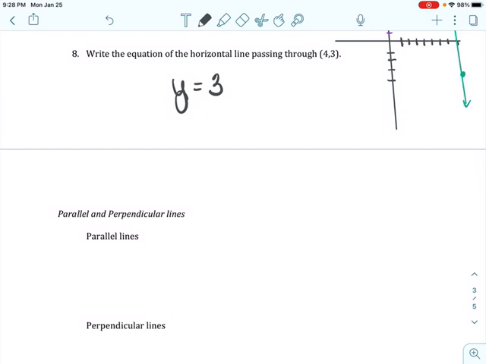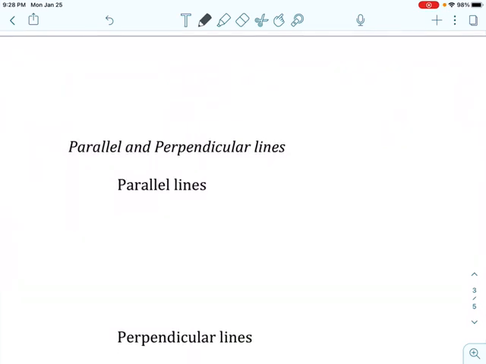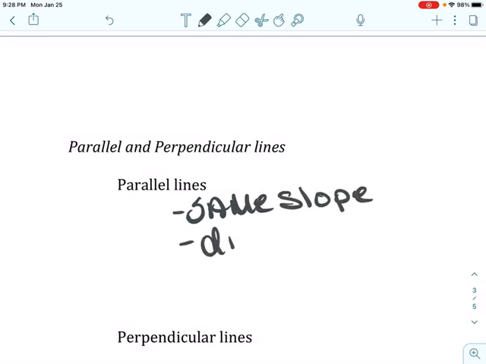All right, let's go on to parallel and perpendicular. So remember, parallel lines have the same slope, different y-intercepts.